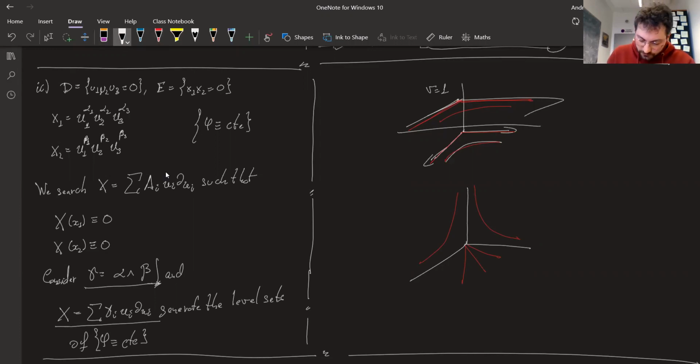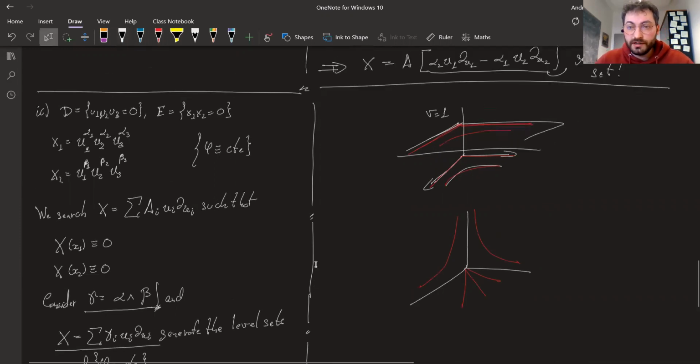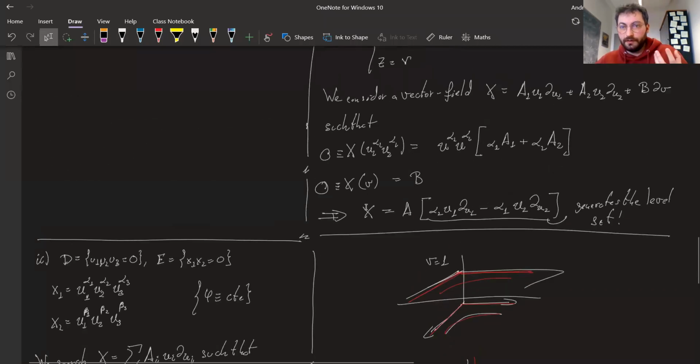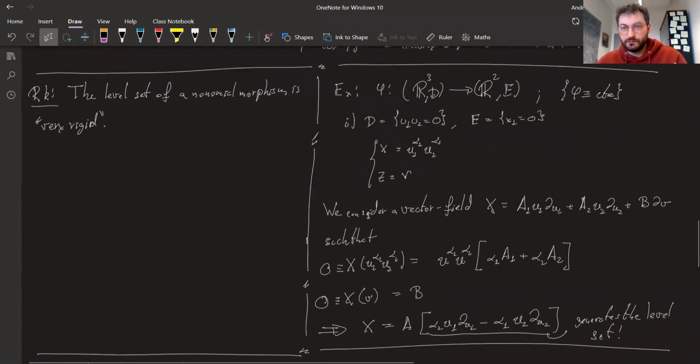But one thing that is important once again is that this is again linear, so this is very rigid. So what is the object that we are going to consider in both of these cases? We want to consider this foliation, these level sets, which we're going to describe as a foliation. So we're going to describe it with a sheaf of modules of derivations.